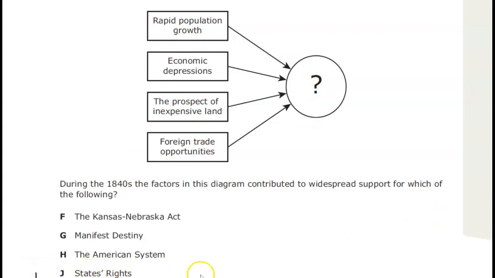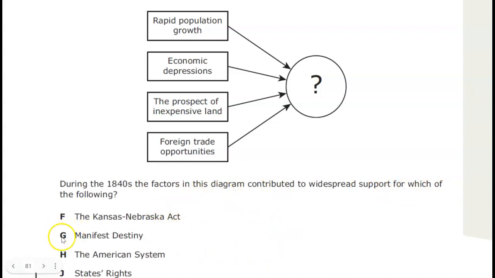Is it states' rights, the American System, Manifest Destiny, or the Kansas-Nebraska Act? So which one of these best fits the question mark?